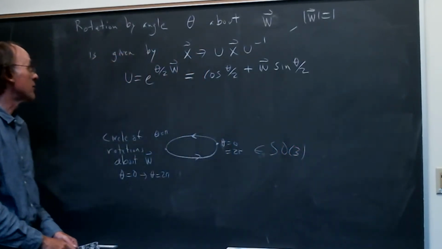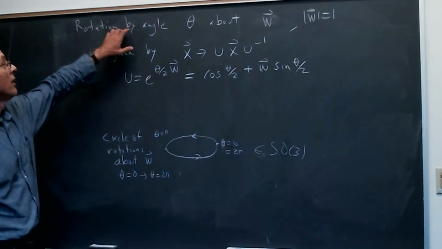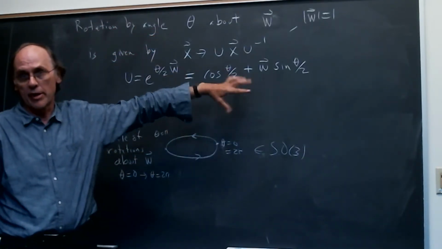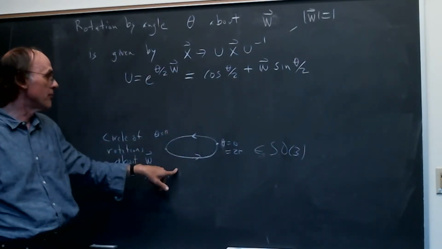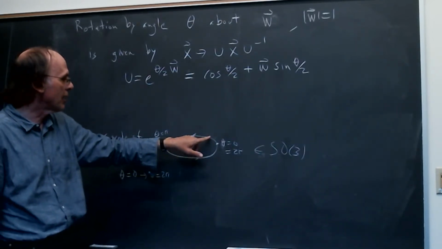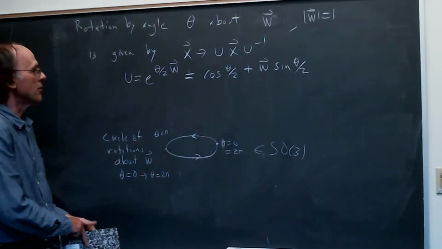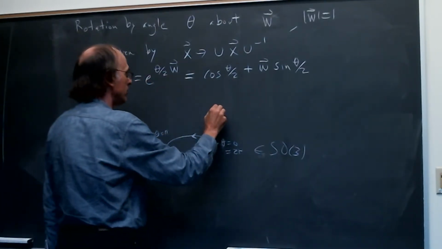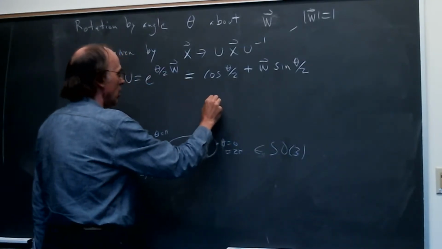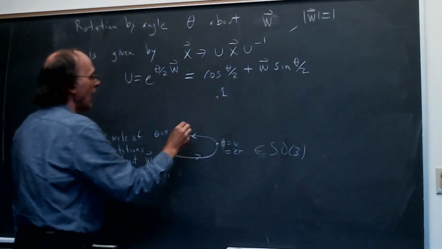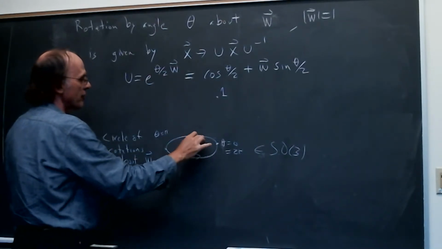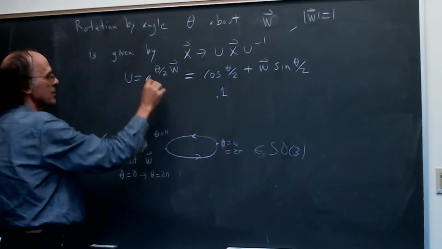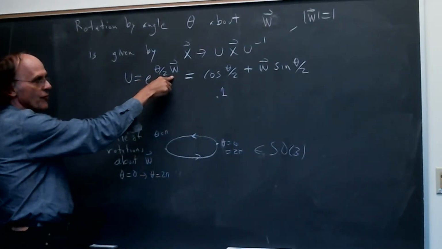Now, these are a loop of elements in SO3, and for each one of these, you could ask, what are the elements of Spin 3? What are the unit quaternions that do this? Well, you can start out with the unit quaternion 1, and then for each one of these, you use this formula.